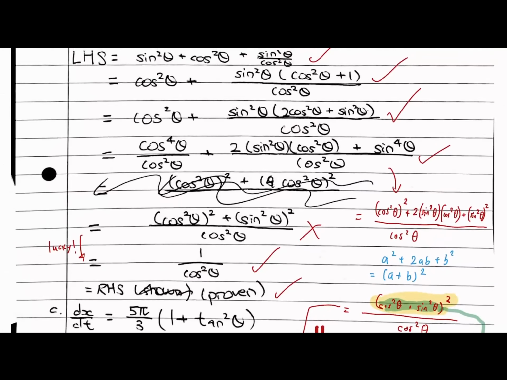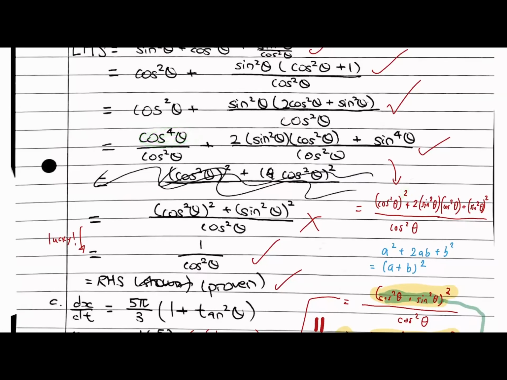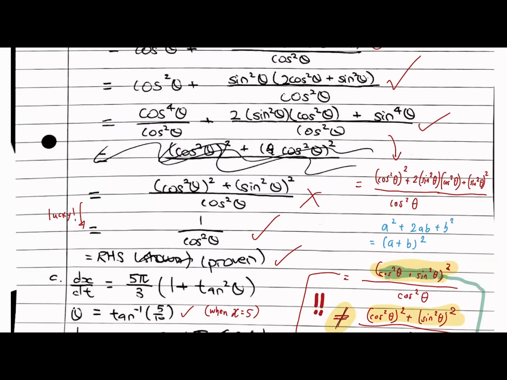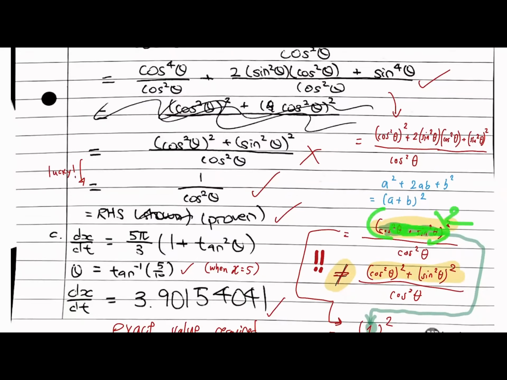Cosine power 4 is cos square squared. Then 2 sine square cos square is just 2 sine square cos square. Then sine power 4 is sine square squared. So this becomes a plus b bracket square, using this formula. What you did was write it as a square plus b square, which is very different. It is not the same as a plus b bracket squared. Understand?